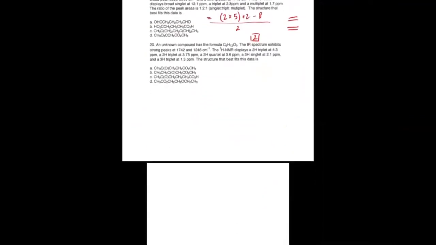Alrighty, so for our first one, we have a carbon attached to a CH2, CH2, CH2, and then what's that functional group at the end? An aldehyde.